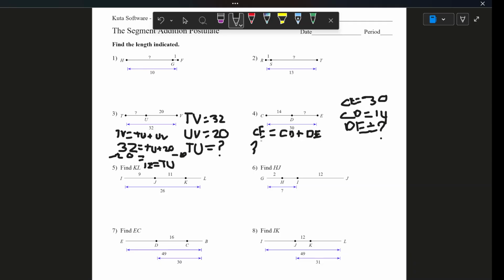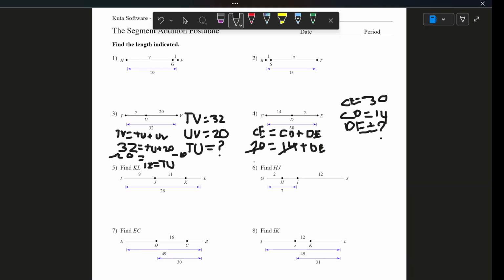So 30 equals 14 plus DE. And of course, we subtract 14 from both sides.